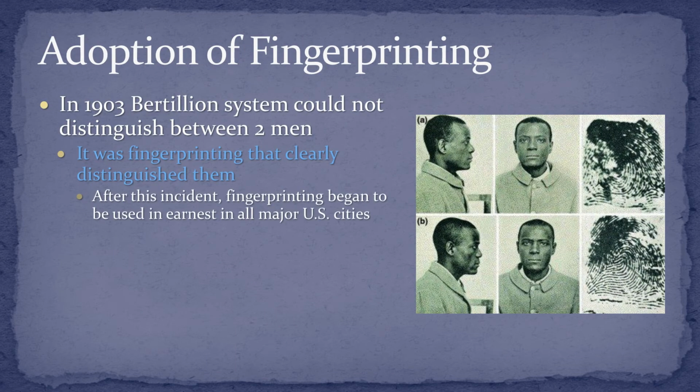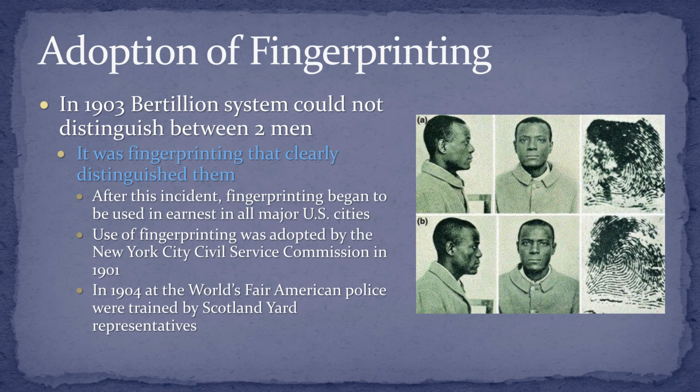It wasn't until the early 20th century that fingerprints were readily adopted worldwide. This is because in 1903, Bertillon's system couldn't distinguish between 2 men. When they went to process a convict, Will West, at the Fort Leavenworth prison, the measurements showed that William West was already incarcerated at the prison.